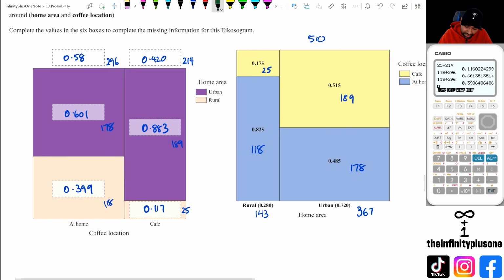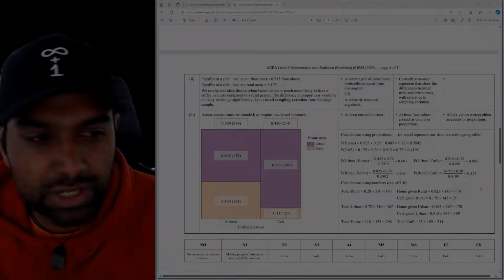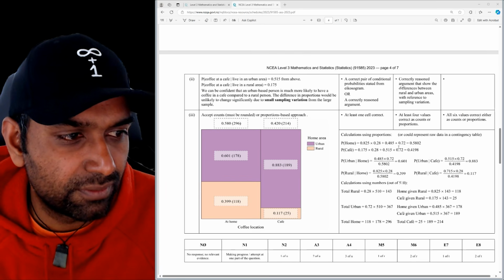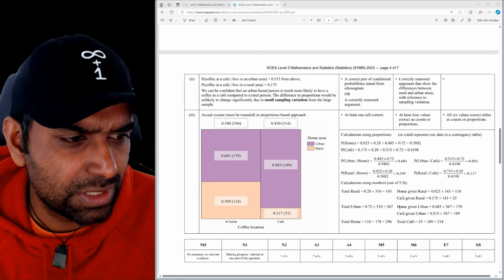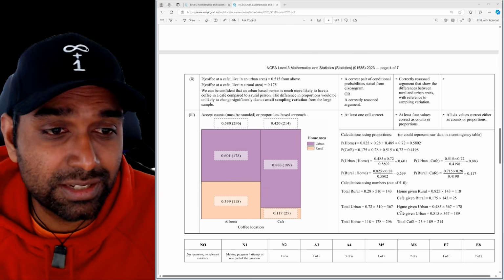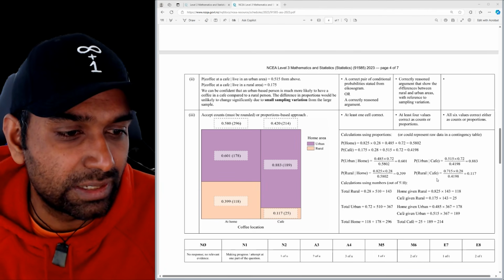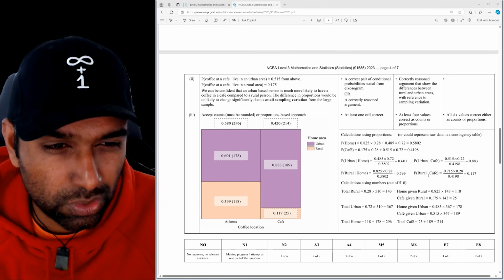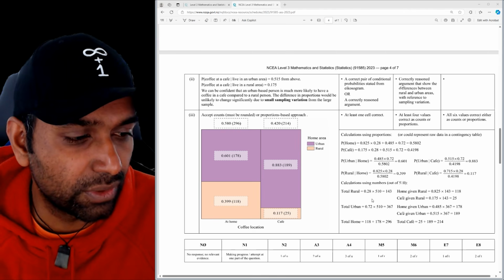So theoretically, I should be getting an Excellence for this question, because all I did was convert it to numbers and then put the numbers back in the table to work it out. If you look at the schedule, they've done a lot of calculations, and I understand why they did those, but I just saw the question slightly differently.